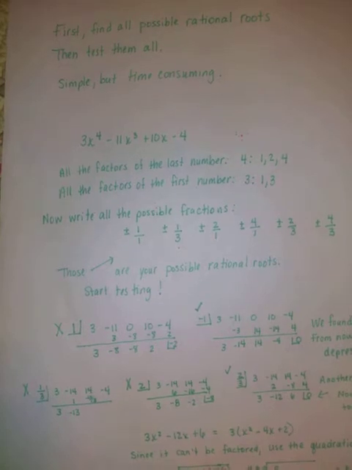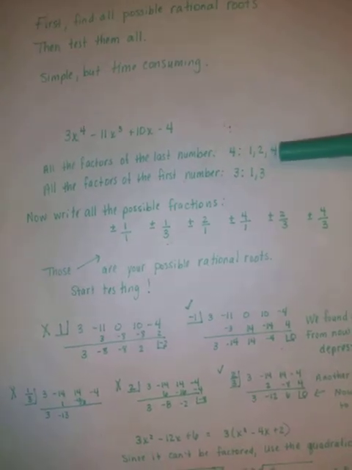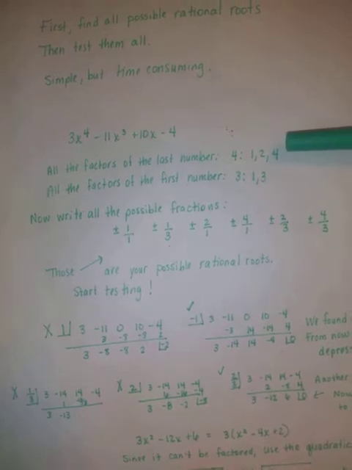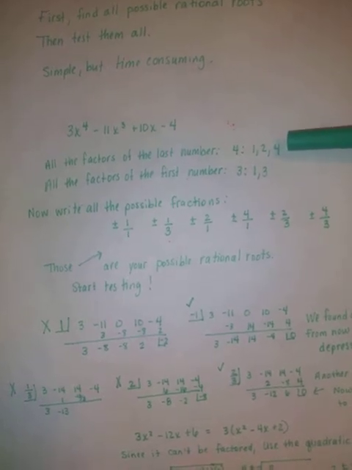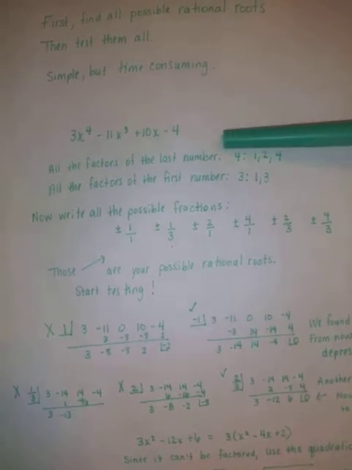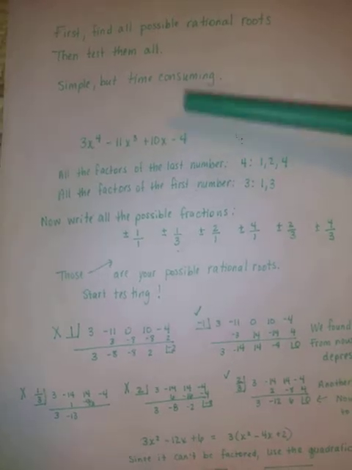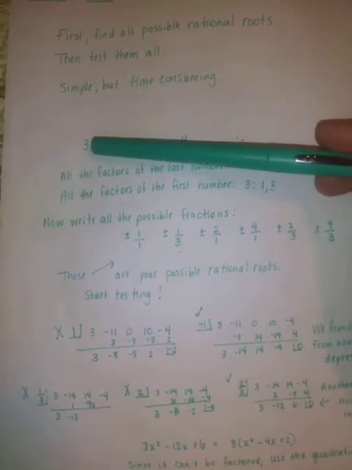I did that order on purpose because then we're going to make some fractions out of these, all the possible fractions that we can make out of these. We have to use the positive and negative version of each one. And the 4 has to go on top. So the factors of the constant always go on top of the factors of the leading coefficient.